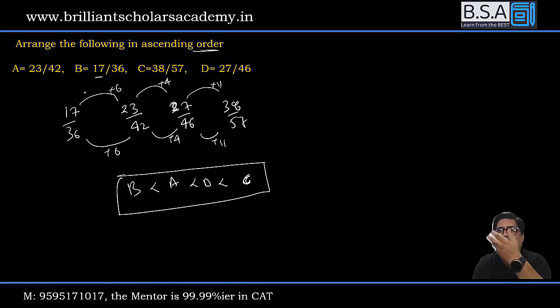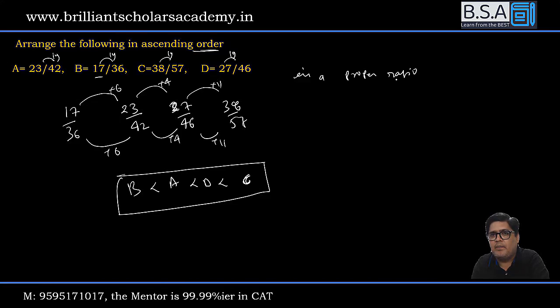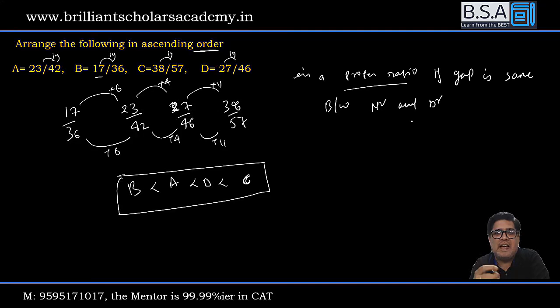Ascending order. What was the concept here? Or you could have noticed the gap. The gap here is 19. The gap here is 19. Whenever the gap is same in a proper ratio, in a proper ratio, if the gap is same between numerator and denominator, the ratio increases as the number increases.